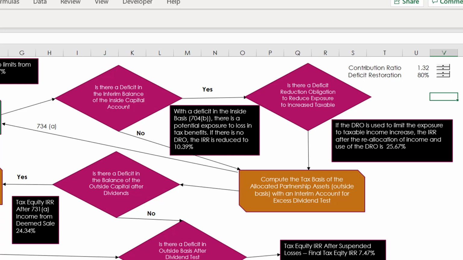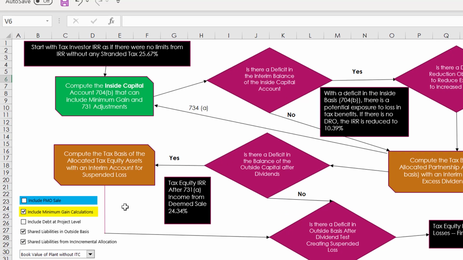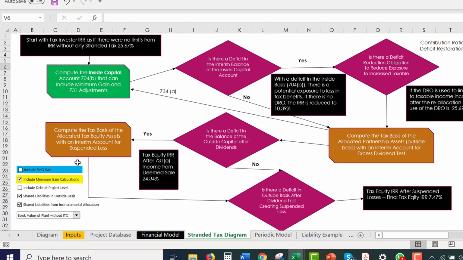And then once you've done that, you're still not finished, because this tax basis might be lower for other reasons, other than just paying some dividends. You might have a gigantic tax deduction, which is not part of the dividends, it's not part of the cash flow, and this tax deduction causes something called a suspended loss.